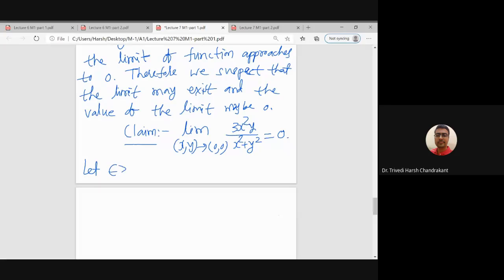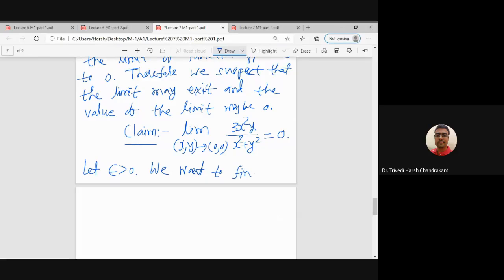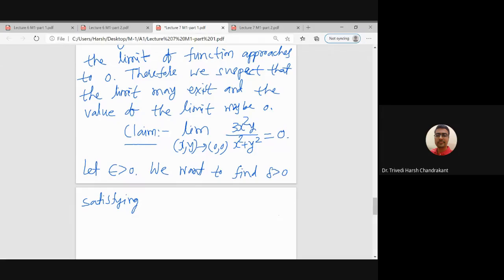So let us write down what we want to prove. Let epsilon be greater than 0, we want to find a positive number delta. The condition is |f(x,y) minus L| less than epsilon. So the function is 3x square y by x square plus y square, minus the limit, which is 0 in this case, and that is what we want to prove is less than epsilon.